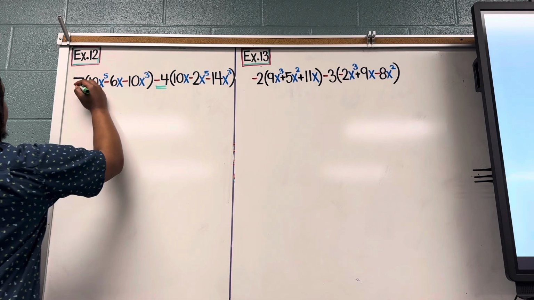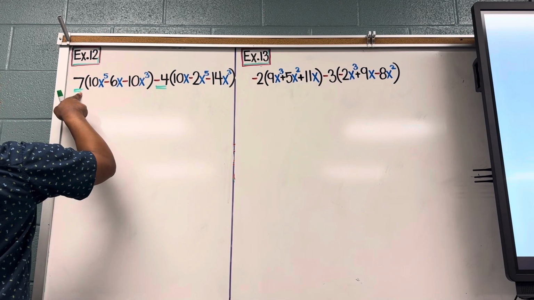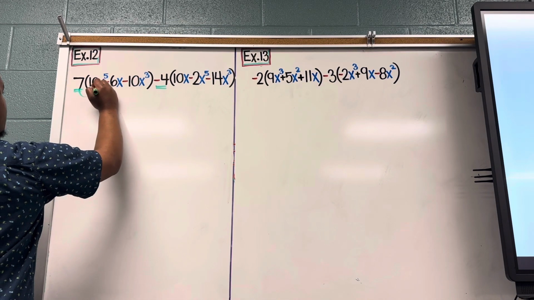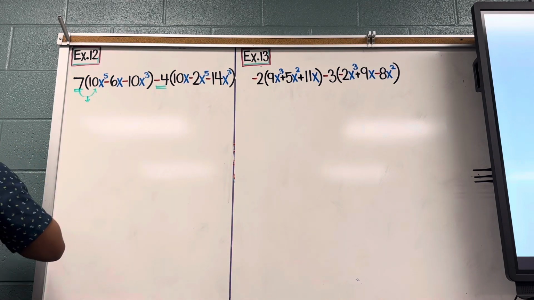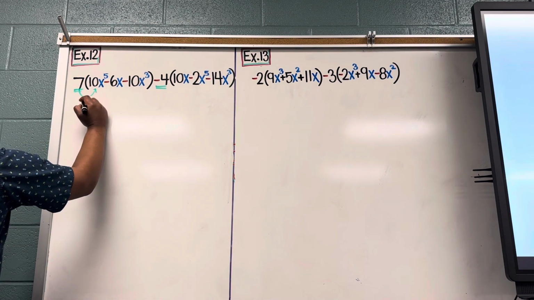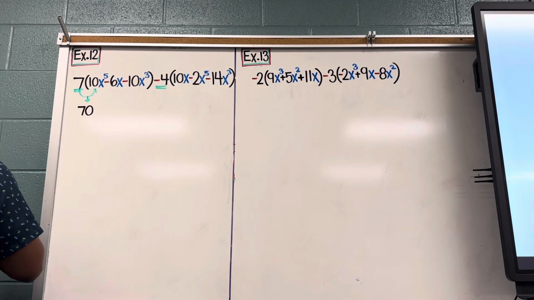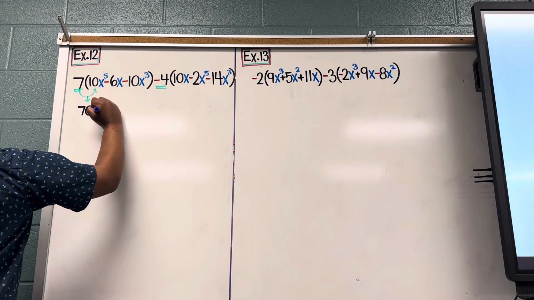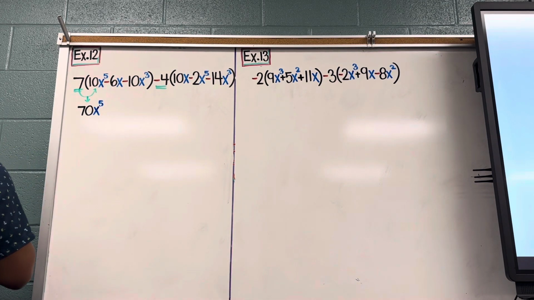So let's start off with the first parentheses, which has a 7 that's attached on the outside. So I'm going to distribute by 7. So 7 times 10x to the 5th power is 70x to the 5th power. Okay?